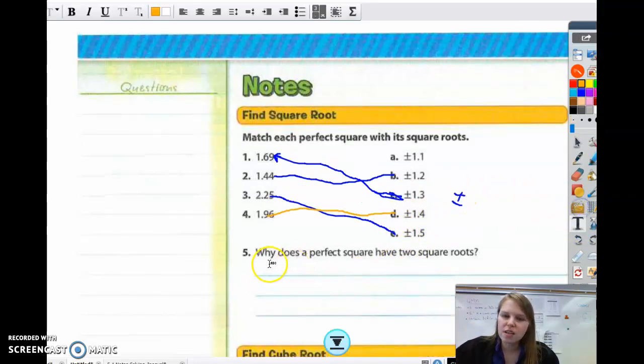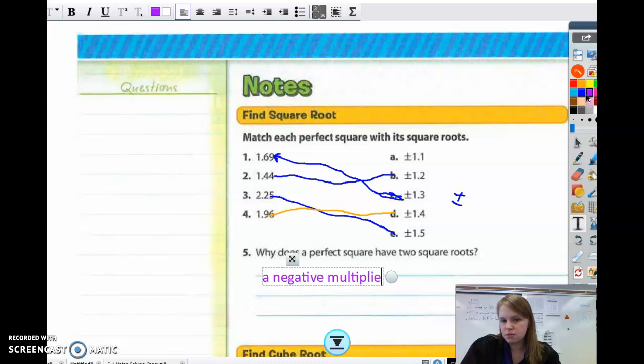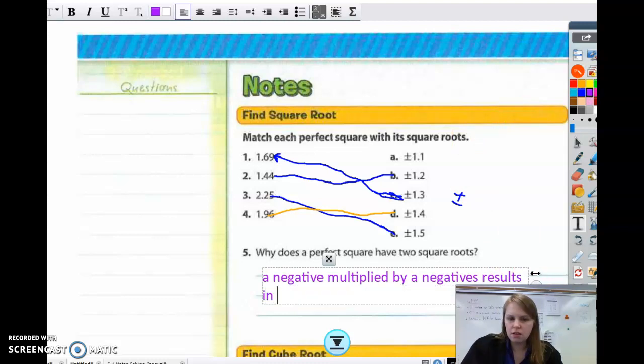So what we were saying here is a negative multiplied by a negative results in a positive.